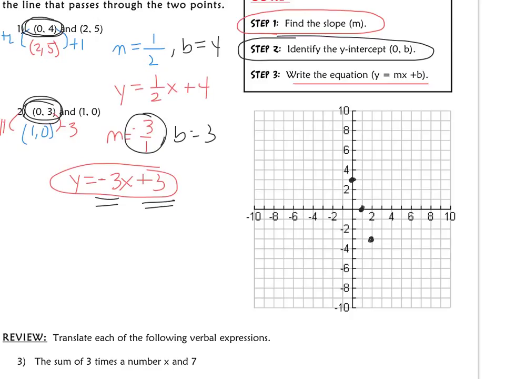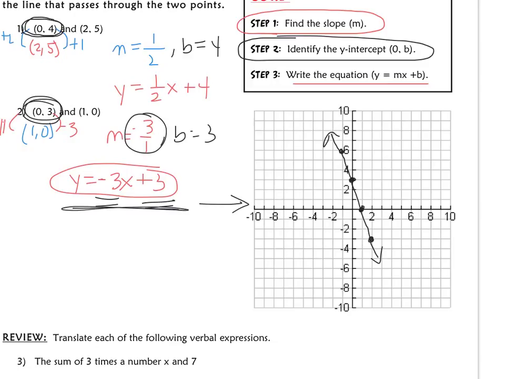Or I could go up 3 to the left 1 and get another point as well. Alright, and so then together all of this forms a line, and there's the equation of my line. Okay, so we're identifying our slope, we're identifying our y-intercept, we're writing it into slope-intercept form, and then we're reminding ourselves on how to graph.